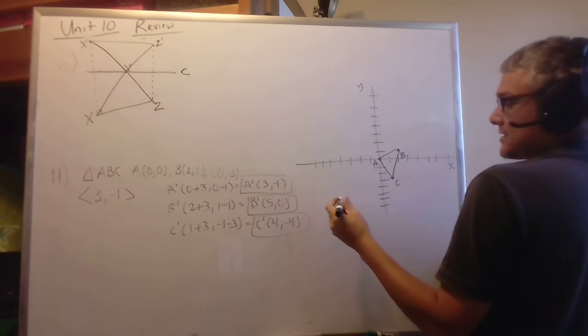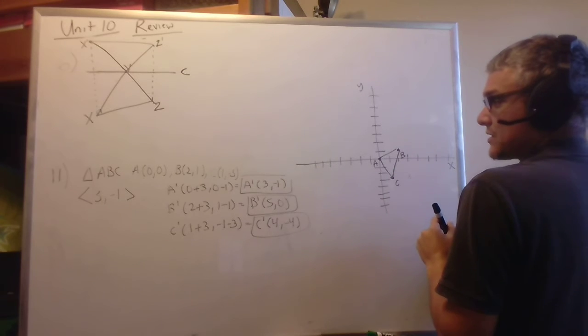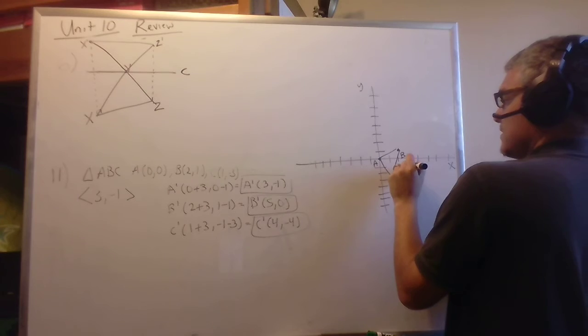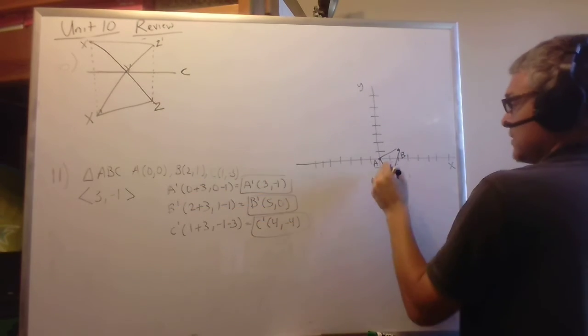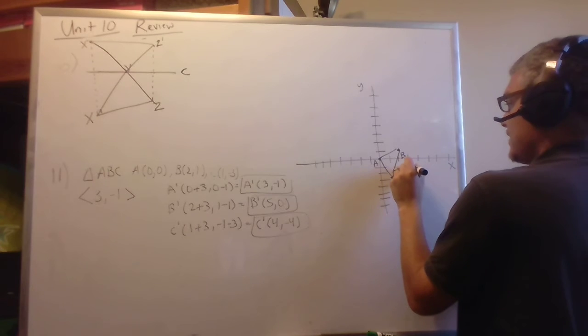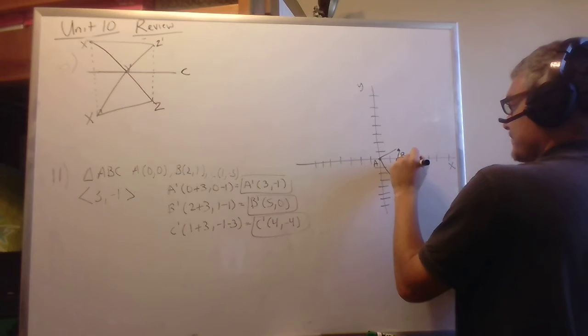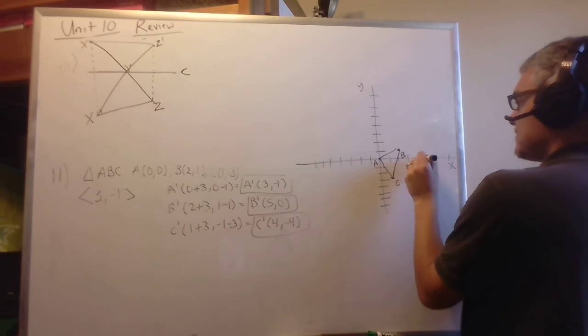Once we make the translation 3 units to the right and 1 unit down, it's going to give us A prime at 3, negative 1, 3 units to the right, 1 unit down. It's going to be at 3, negative 1. So this is A prime. B is going to now be at 5, 0. So right here.